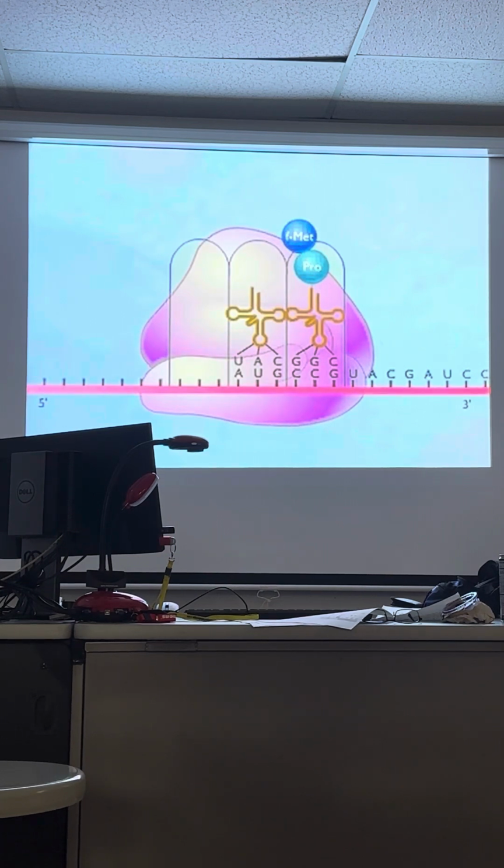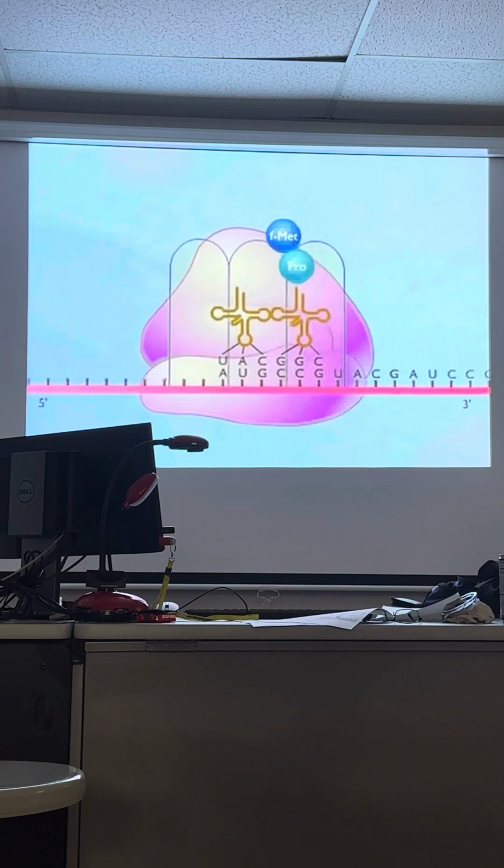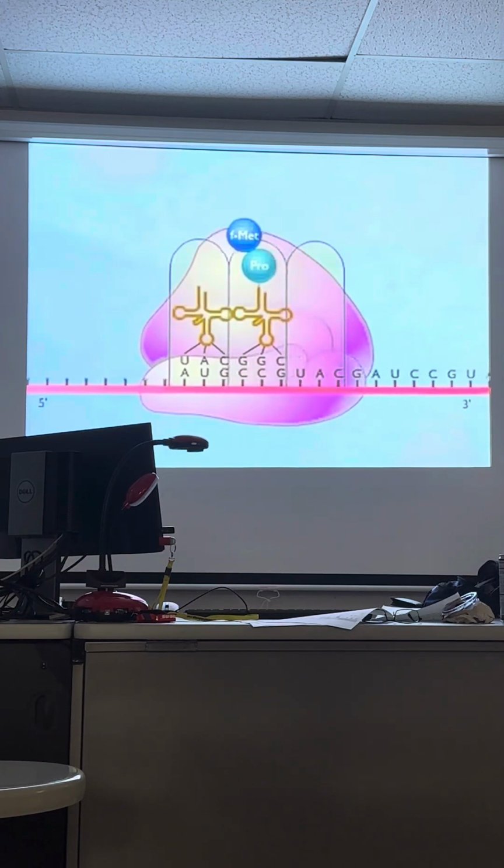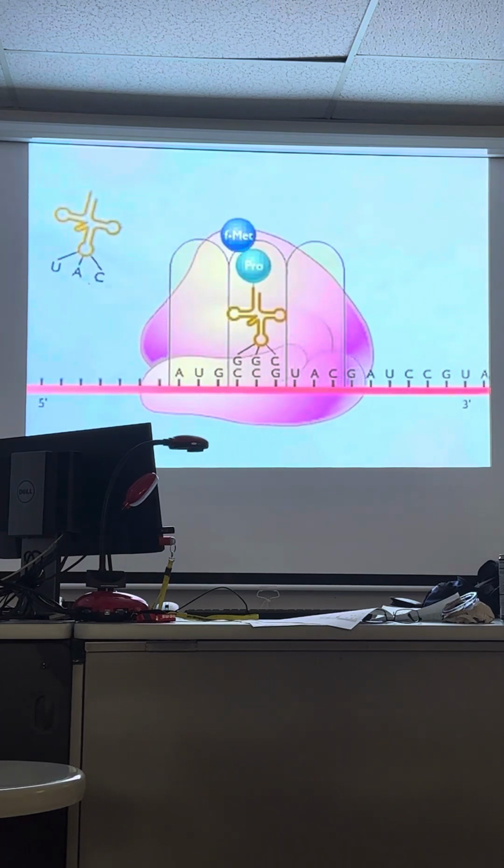The ribosome now advances a distance of one codon, and the transfer RNA that carried the formylmethionine is released at the E site. A transfer RNA carrying the next amino acid now moves into the A site where the anticodon on the transfer RNA matches the codon on the messenger RNA.